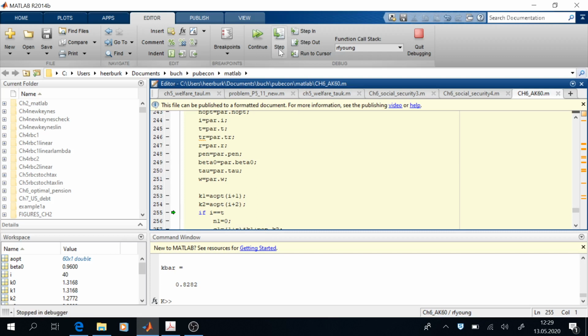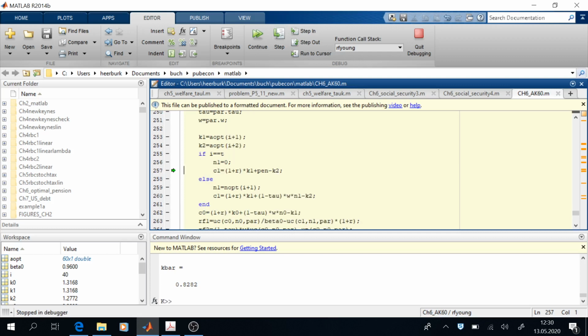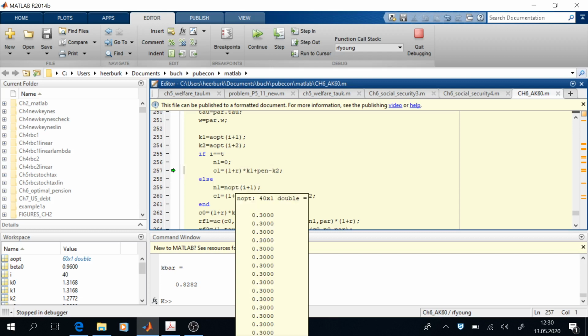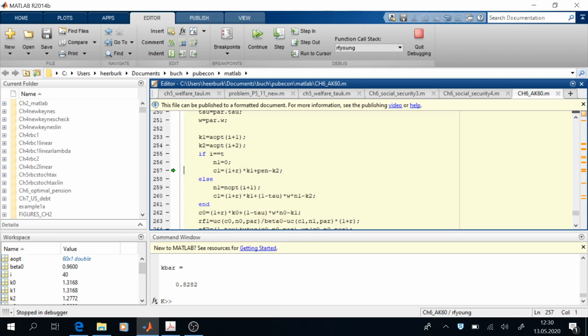Now we have to make an if statement to distinguish between the worker who's 40 years old and the other workers. When you're 40 years old, you know next period you do not work, so we set next period employment, labor supply, to 0. In case you are 39 or younger, we just use the value that we have stored in the column vector N opt. And we can compute next period consumption.